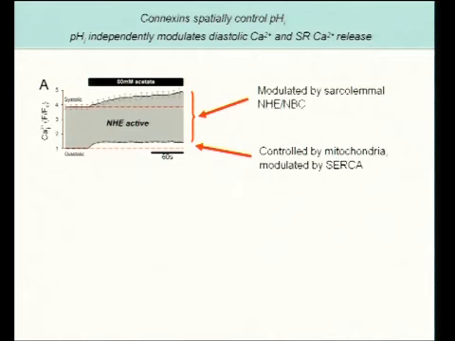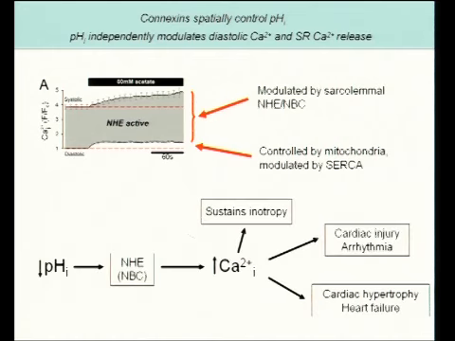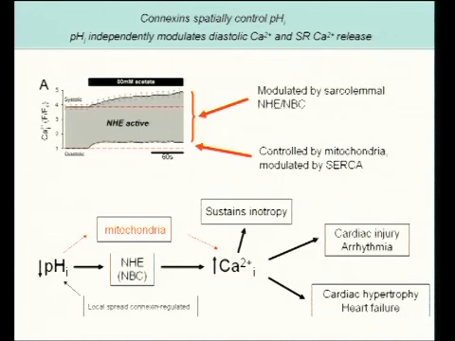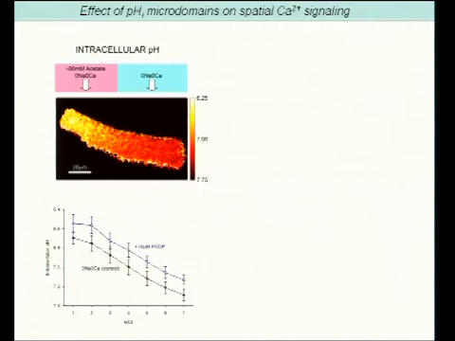So what we can say then is that sodium hydrogen exchange, which is very famous, modulates intracellular sodium, and that modulates the releasable calcium from the SR, probably by controlling calcium in the dyadic space. The resting bulk level of calcium is an independent calcium domain, subject to its own rules, and that's influenced during acidosis by mitochondrial release of calcium. So not only does pH affect calcium through NHE, it affects it through mitochondria, which is why I said the original models were either wrong or incomplete. We think they're probably incomplete.